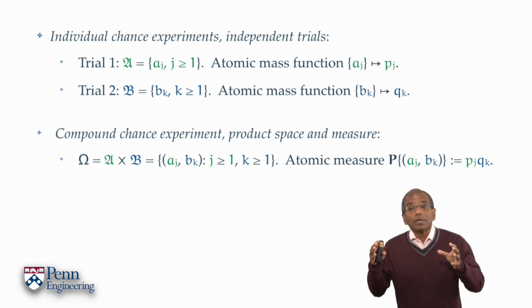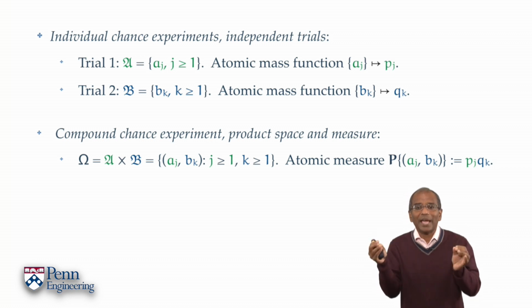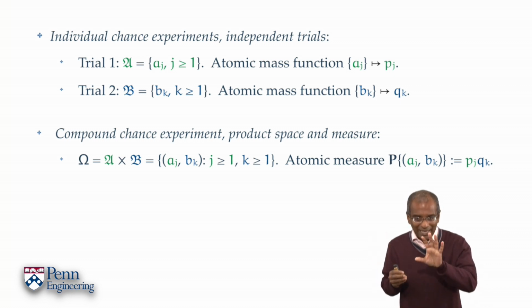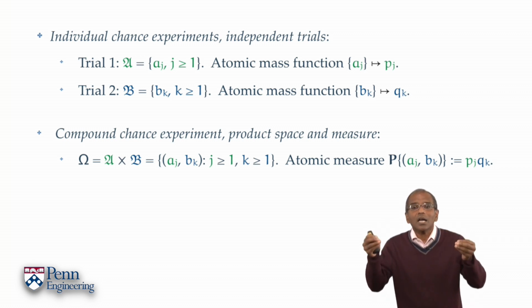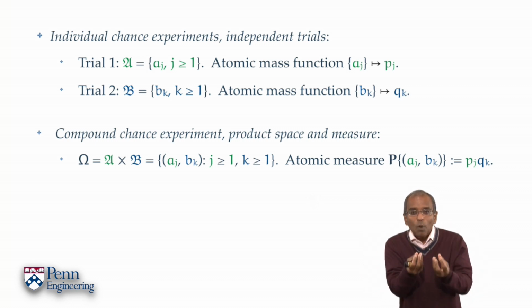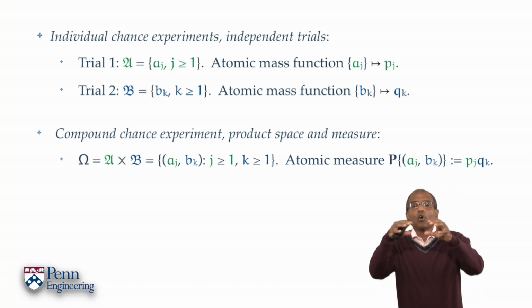We've now set up what the product space is for the compound experiment, a system of pairs, a Cartesian product. And this was the key element, what it meant to have a product measure. This is at heart what we mean by independent trials. The atomic probabilities multiply to give us the atomic probability for the ordered pair.